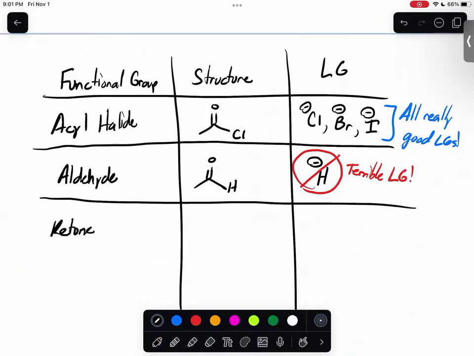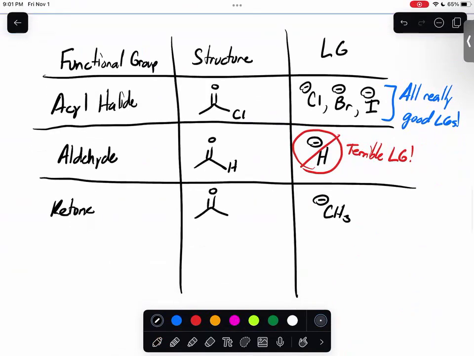You may recognize this one from your functional group worksheet, because if we were to kick out anything, it would have to end up being something like a CH3 or some type of carbon-containing atom. Now, carbon with a negative charge is also a terrible leaving group. So you're not going to kick that out either.